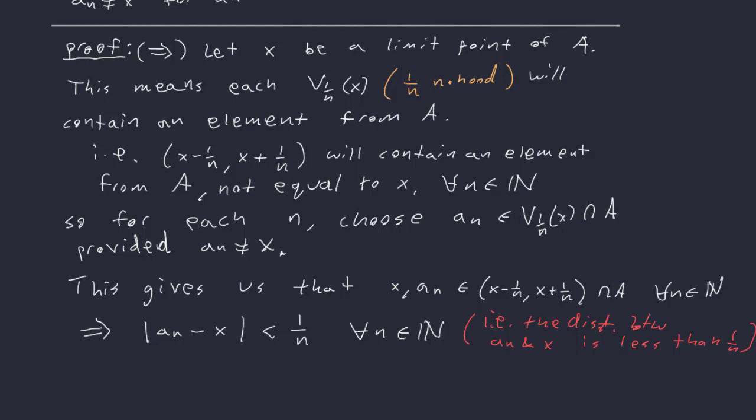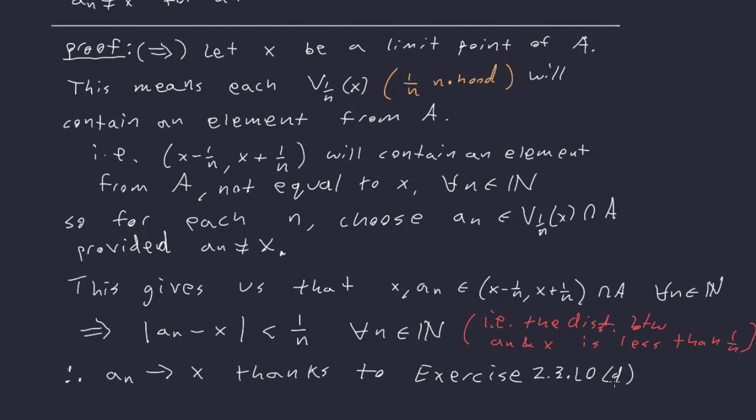So this is from one of the exercises. So therefore, a_n converges to x thanks to exercise 2.3.10, part D. Okay, we proved that in one of the earlier lectures.